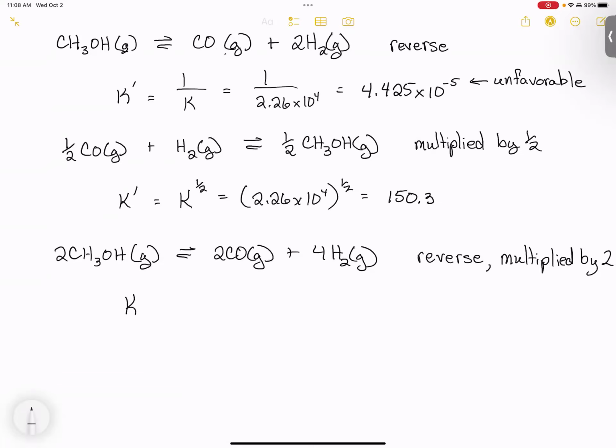So our K prime is going to be equal to 1 over the K because that's the reverse, and then we're going to square it because it was multiplied by 2. So 1 over the K, which was 2.26 times 10 to the 4th, squared will equal our new equilibrium constant. And you get an equilibrium constant of 1.958 times 10 to the minus 9.